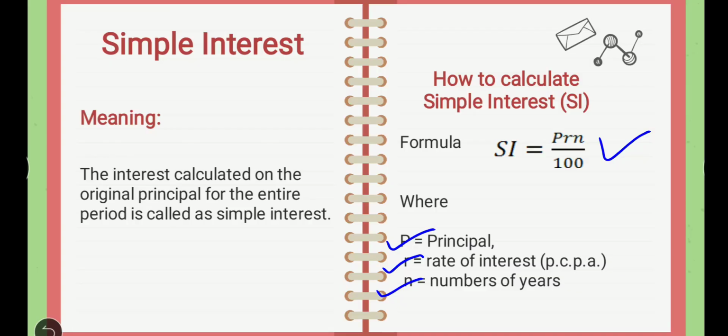And the formula for simple interest is P multiplied by R multiplied by N divided by 100. By using this formula, we calculate simple interest on a given sum for a particular period of time at a particular rate of interest.